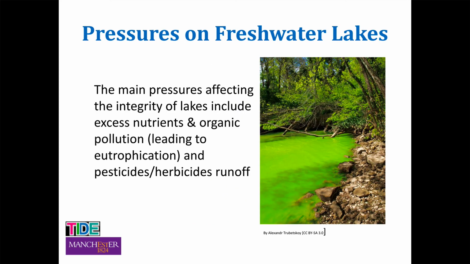So there's a lot of pressures on freshwater lakes, as Cecilia discussed in her earlier podcast. These main pressures include excess nutrients and organic pollution that can lead to eutrophication, as you can see in this picture on the right, and pesticide and herbicide runoff. All that can impact our lake systems.